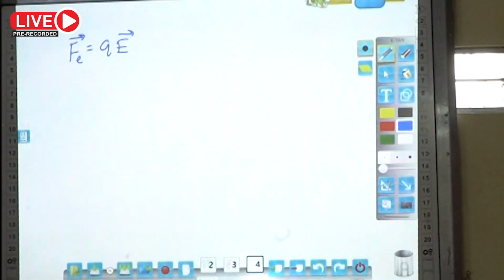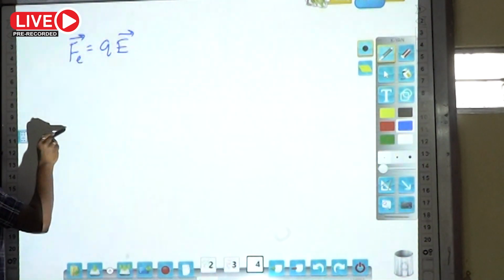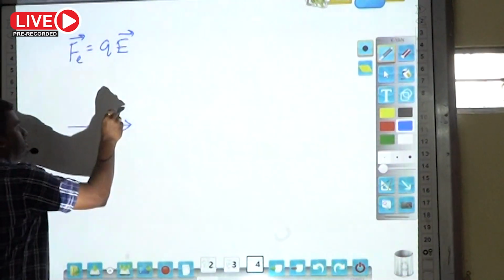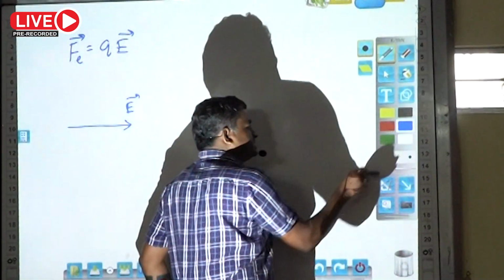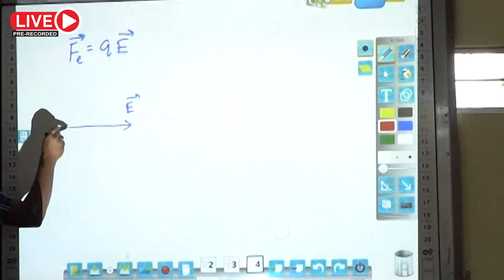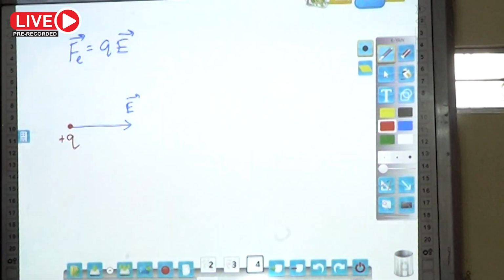Then, if this is the direction of the electric field and a charged particle plus q is placed here in this electric field, then in which direction does the electric force act on this charged particle?